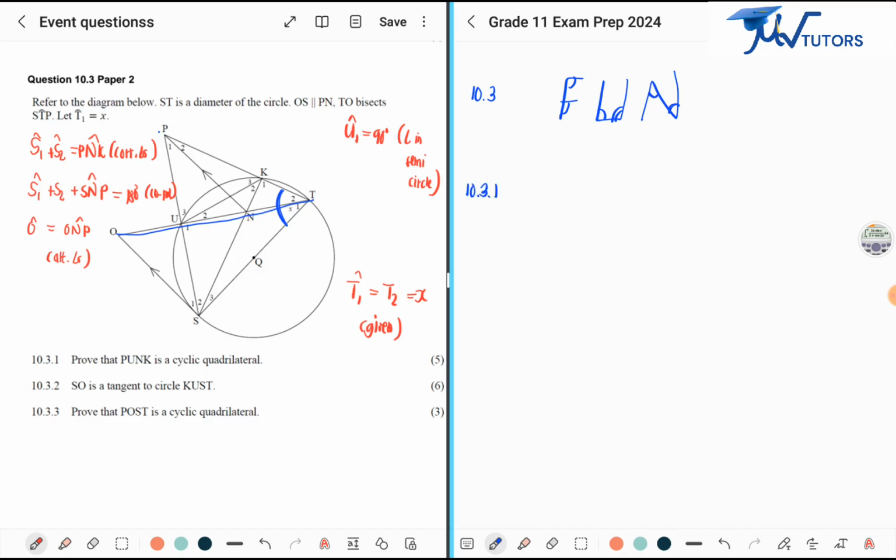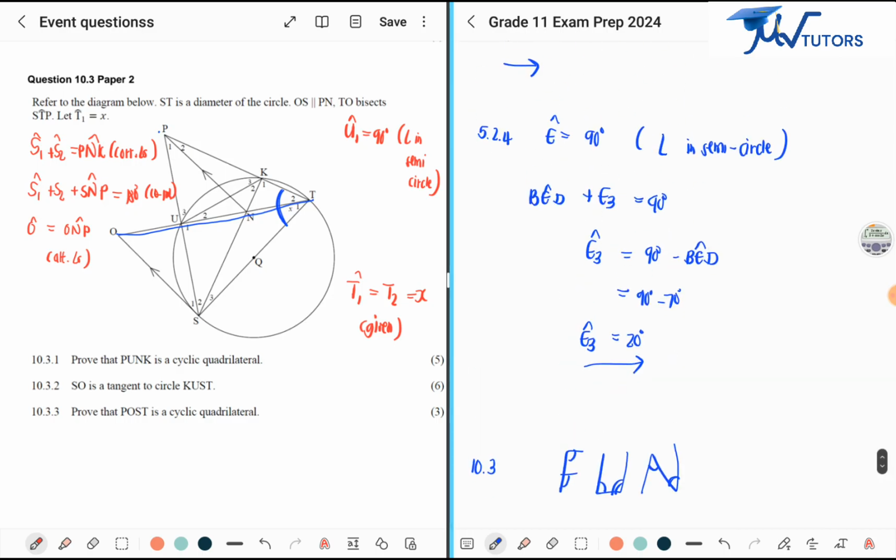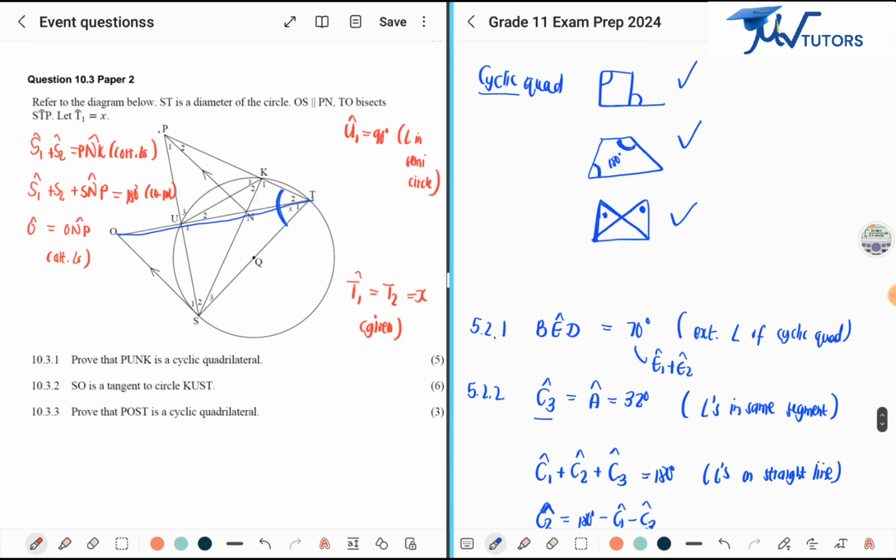10.3.1. They say, prove that PUNK, P-U-N-K, is a cyclic quad. If you want to prove that something is a cyclic quad, remember what I said about cyclic quads? There are three things to think about whenever you hear cyclic quad.